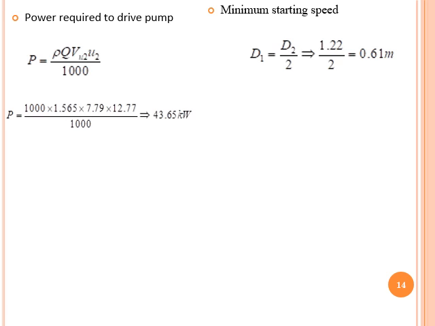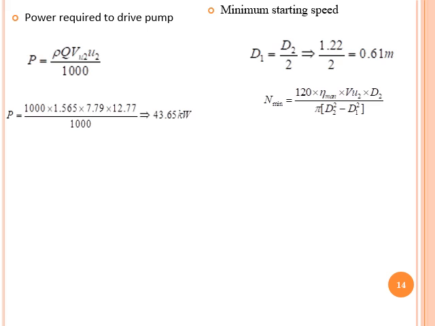Here by using the diameter relation, D2 by D1 is equal to 2, that means D1 is equal to D2 by 2, that is, the diameter at inlet is half of the diameter at exit. So the diameter at outlet is given 1.22, so the diameter at inlet is 1.22 by 2, that is 0.61 meter.